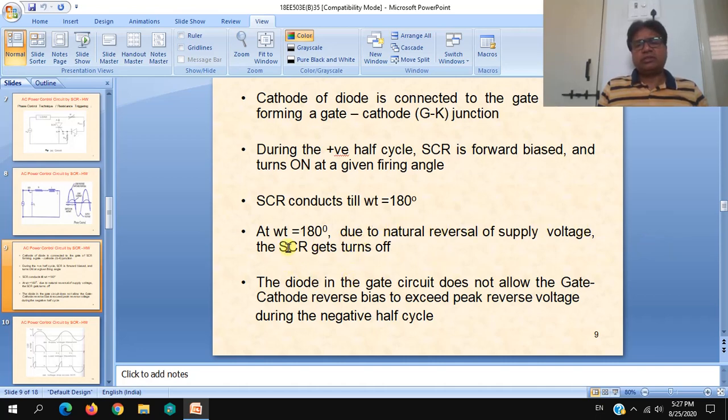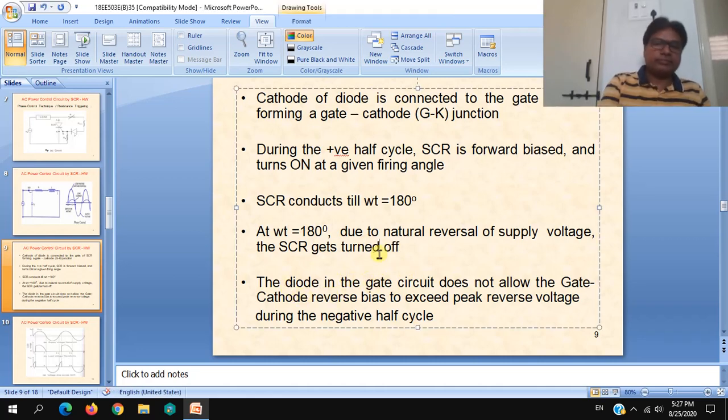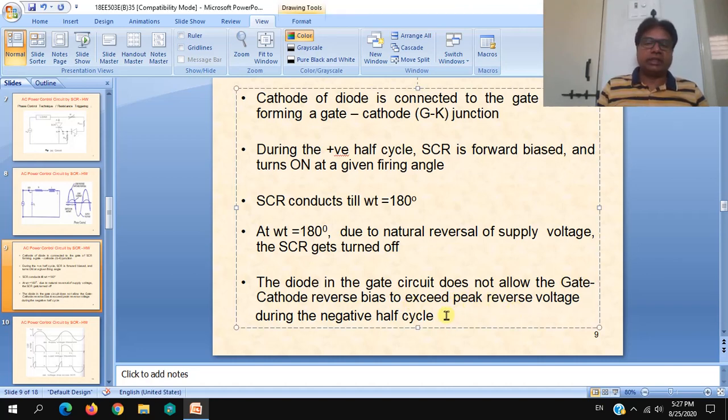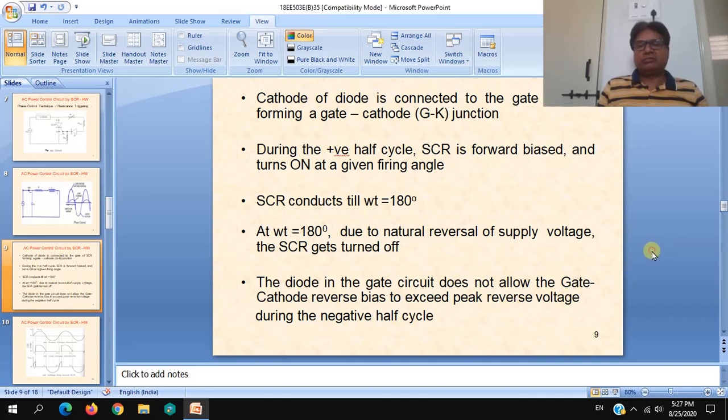Due to the natural reversal of supply at 180 degrees, the SCR gets turned off. The diode in the gate circuit does not allow the gate cathode reverse bias to exceed the peak reverse voltage during the negative half cycle. It ensures that reverse bias will not come into the picture, so that the SCR will not conduct in reverse.